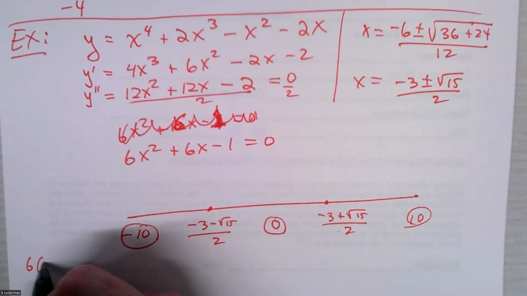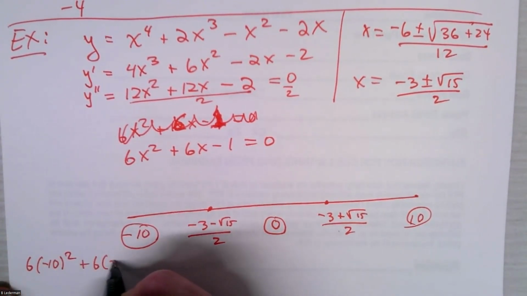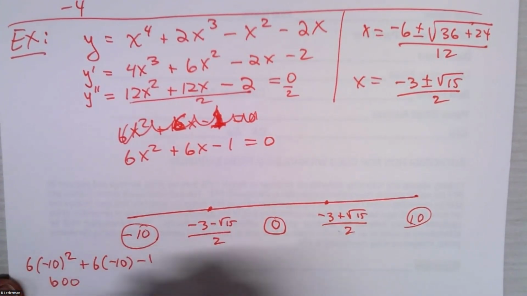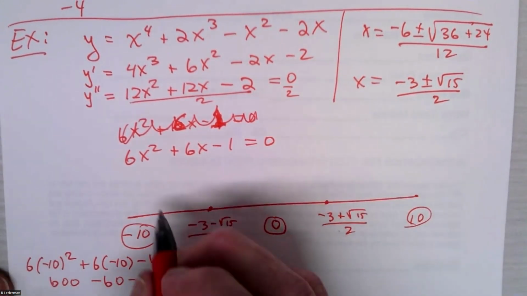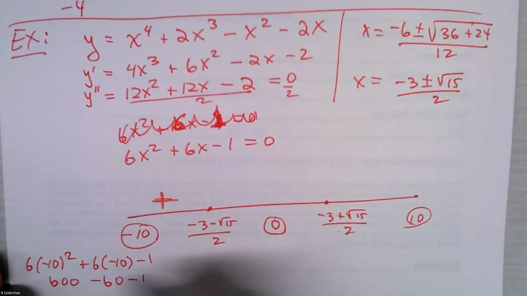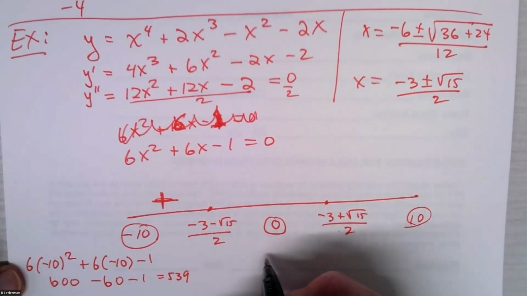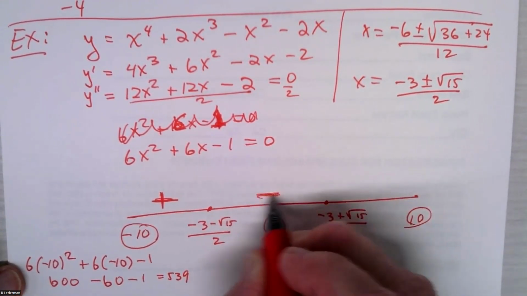So 6 times -10 squared plus 6 times -10 minus 1 is 600 minus 60 minus 1, which is 539, definitely a positive number. If I plug in 0, I get 6 times 0 squared plus 6 times 0 minus 1, which is -1, definitely a negative number.